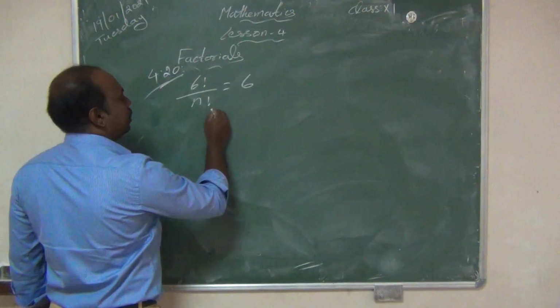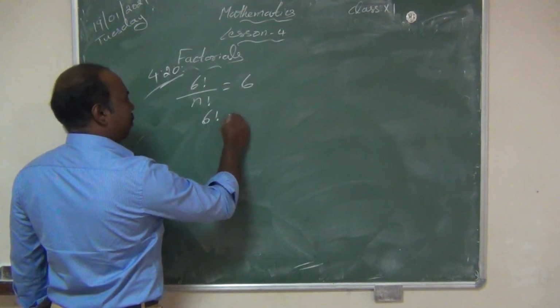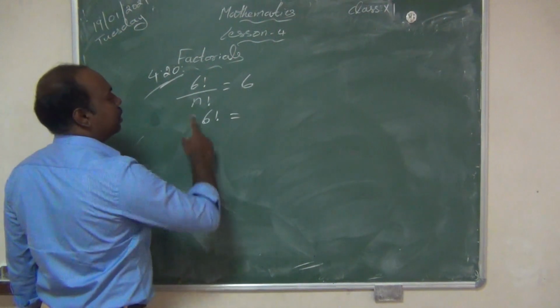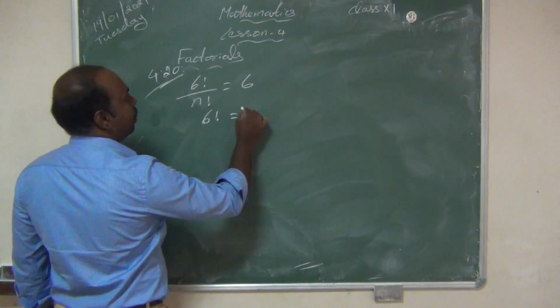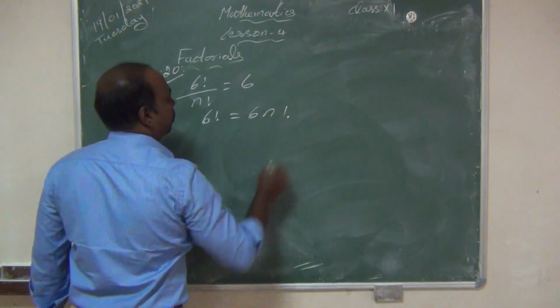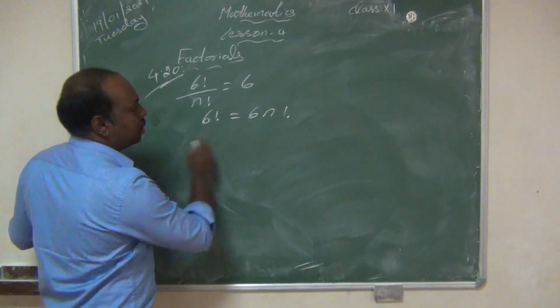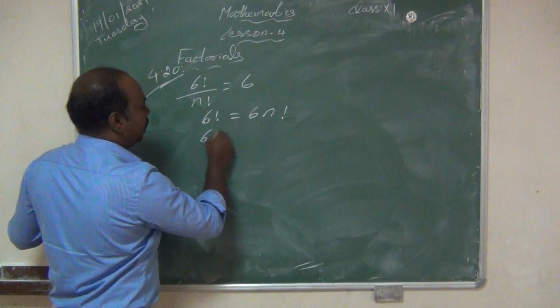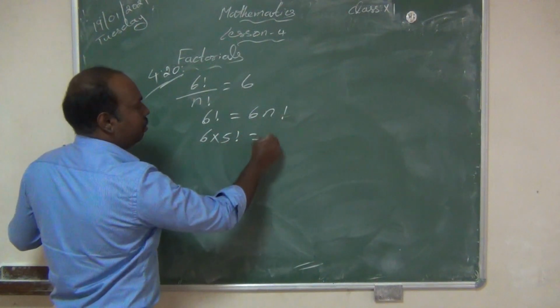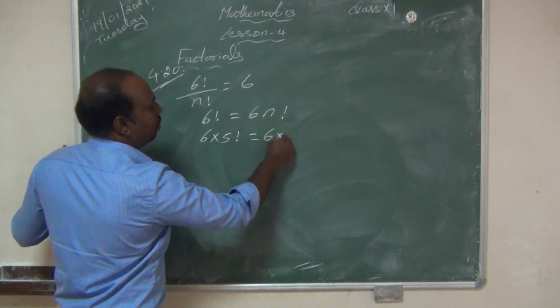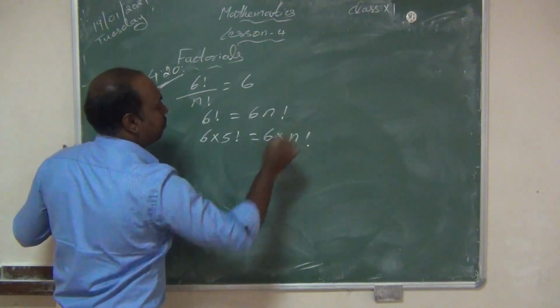So here, when you cross multiply, what will we get? 6 factorial equals 6 into n factorial. Now 6 factorial can be written as 6 into 5 factorial, equal to 6 into n factorial.